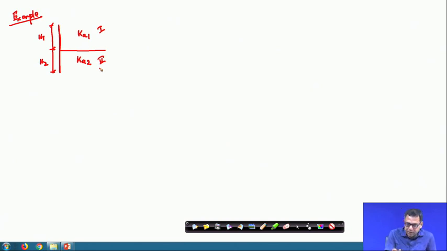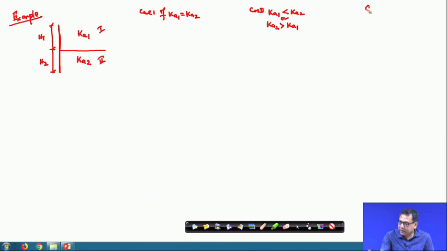Now, I have chosen three cases. Case 1, if your K A 1 is equal to K A 2, then what will happen? Case 2, if K A 1 is less than K A 2, or K A 2 is greater than K A 1.